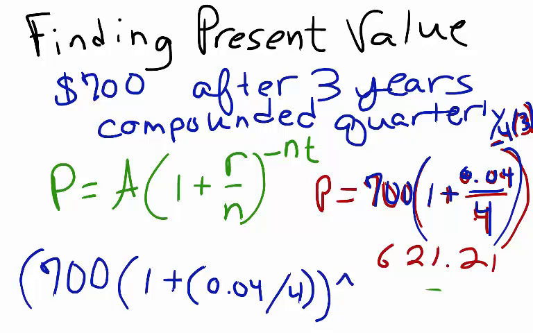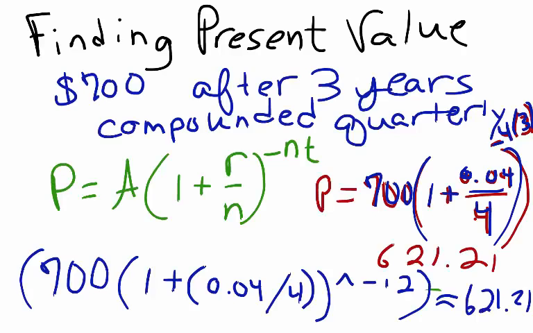Use your caret key, raise to the negative 12, close parentheses again, and press enter to give you your result of 621.21.